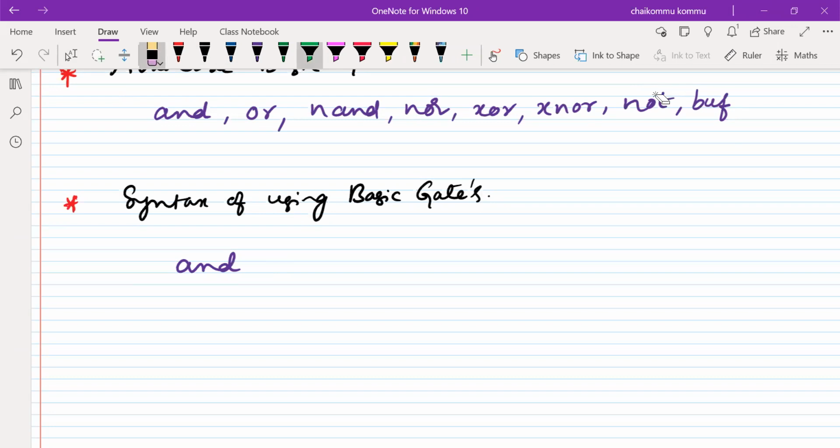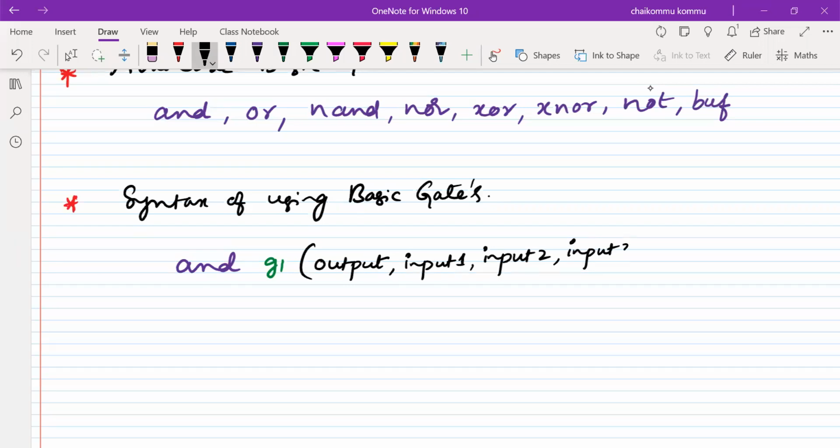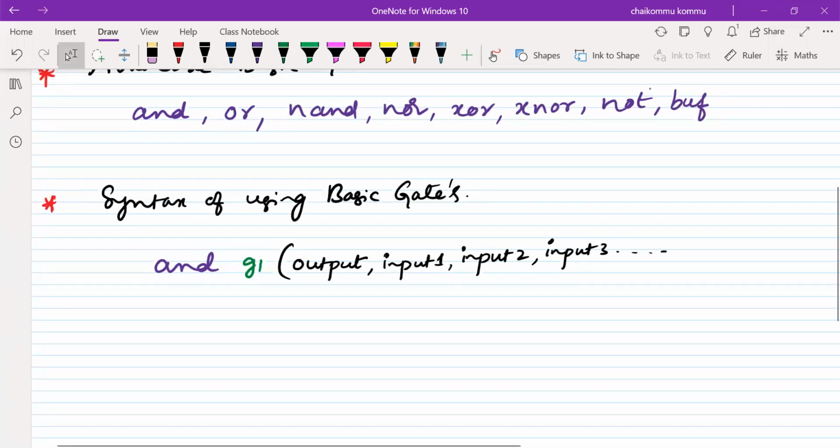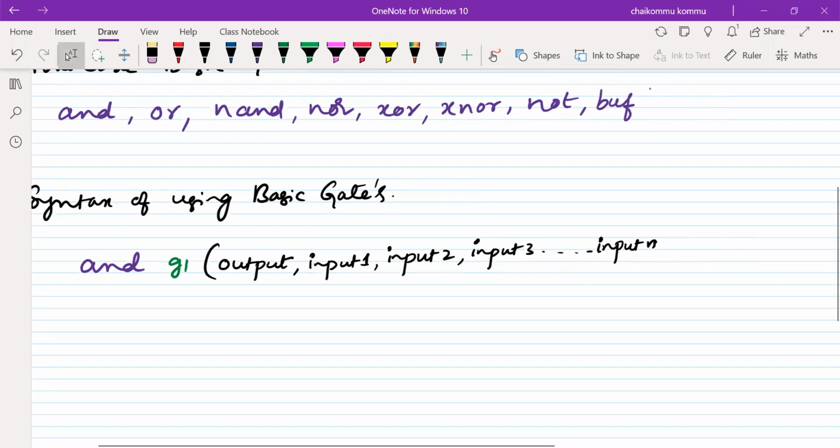The gate name is G1, for example. Then first I have to write the output signal, then input 1, input 2, input 3, and so on up to input n. After this statement, we have to use a semicolon.